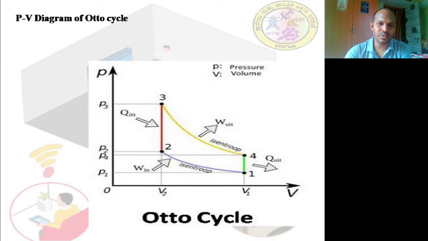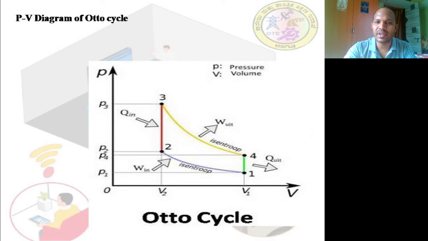Now from 2 to 3, it has reached 2. At the end of the compression stroke, combustion takes place. Once the combustion takes place, heat is added. That is why we have shown it with Q in. Q stands for heat. This process shows heat addition.